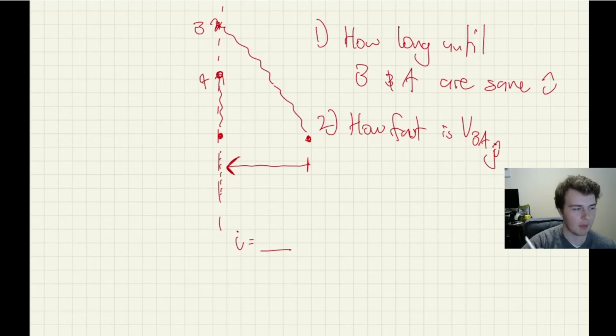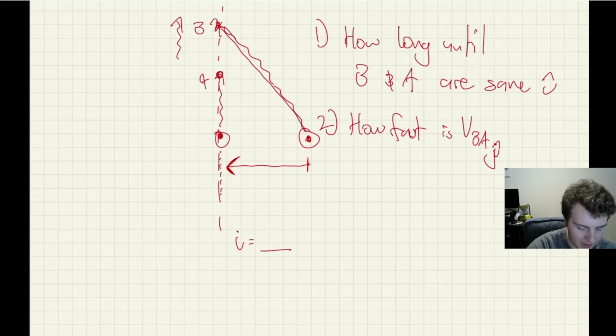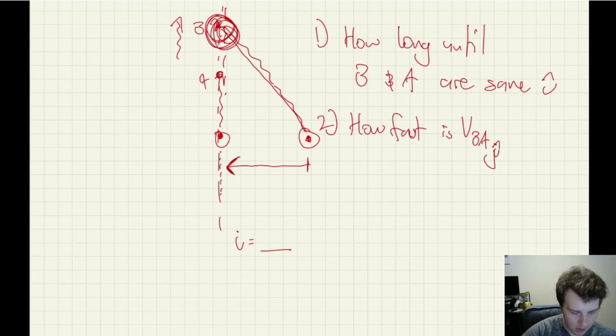So this is how much faster is B going than A? Because we know B is going to overtake A, right? Because they started at the same vertical position, but B goes faster in both axes, right? By the time B reaches this line here, it's going to be ahead of A. So we need to know how fast it's going, and then we just do 3, multiply 1 and 2 together.